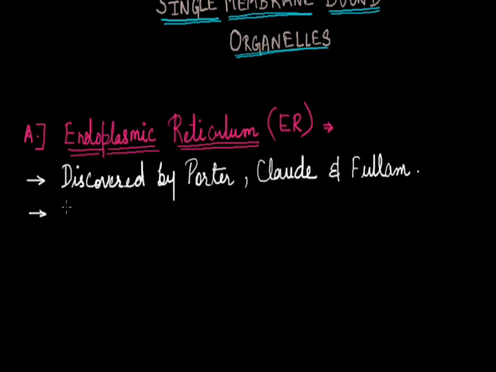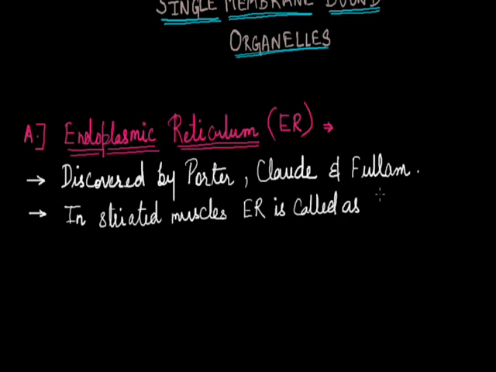So we can say in the striated muscles, the word sarco means muscles, and striated muscles are the type of muscle cells which contain alternate light and dark bands. Therefore, their appearance is striated.